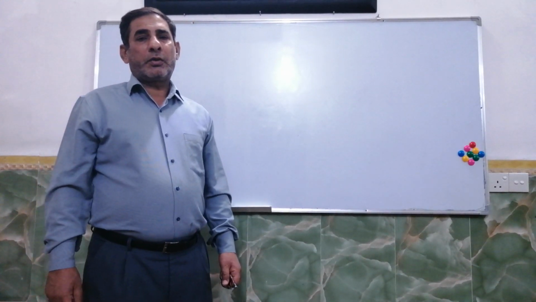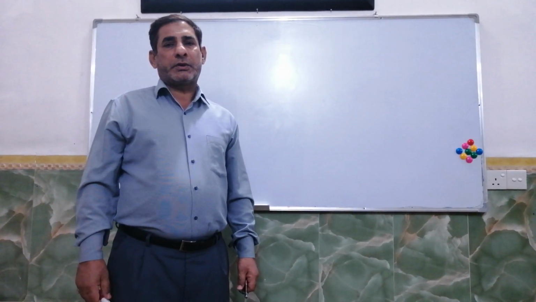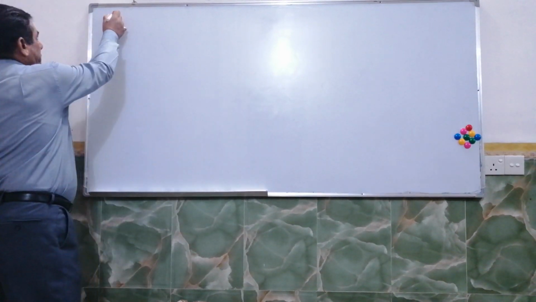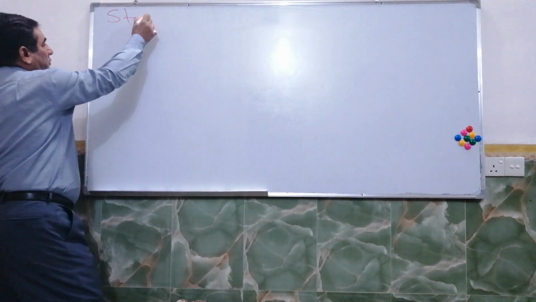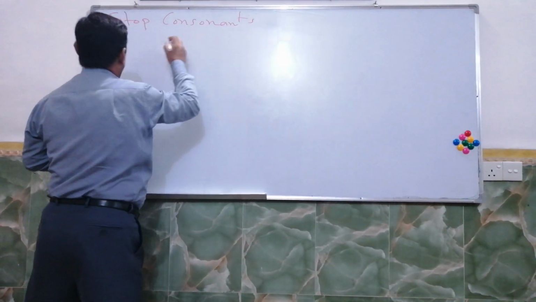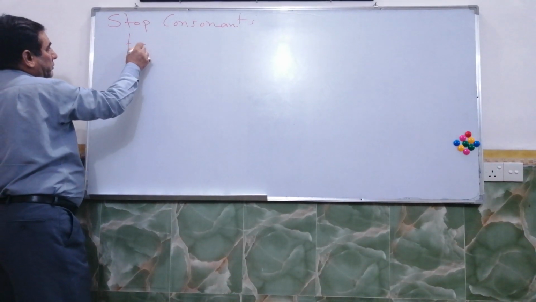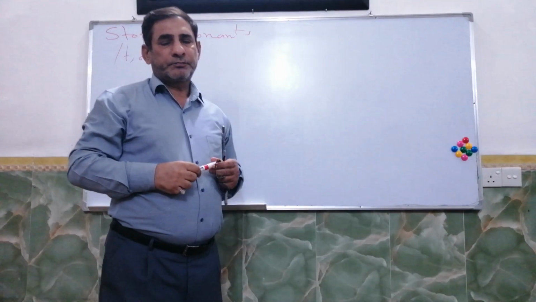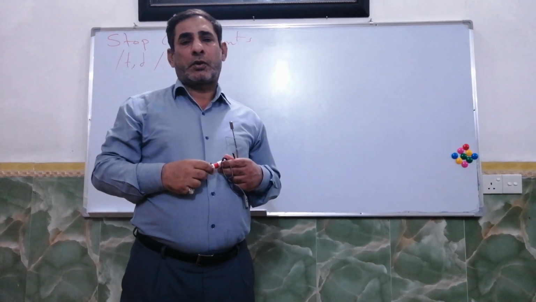Today I'm going to talk about the second pair of stop consonants, which consists of the stop consonants t, d. Now as usual, we have three things to talk about here.